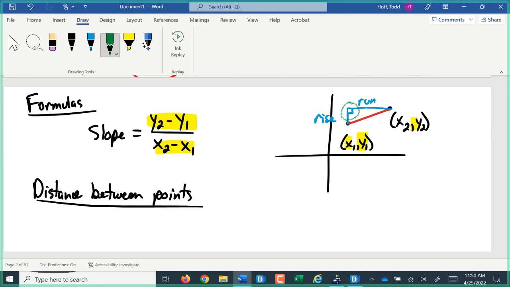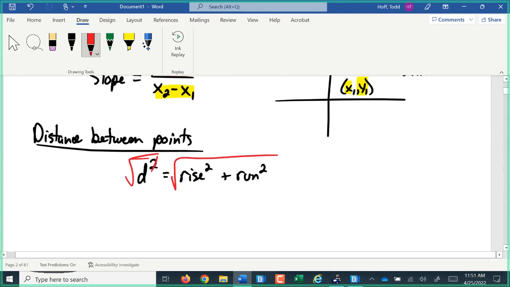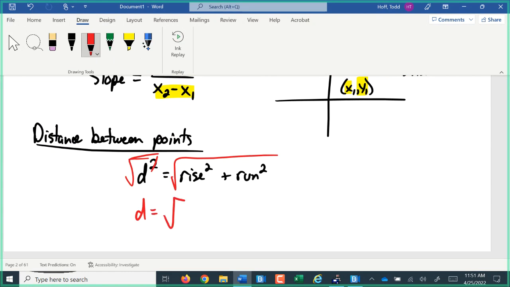So the distance between points, the distance squared is equal to the rise squared plus the run squared. Now we can shorten that by square rooting both sides to get rid of the squared on our distance. So it ends up being just the distance is equal to the square root of the rise squared, the run squared. And we can switch that to being run squared plus rise squared.